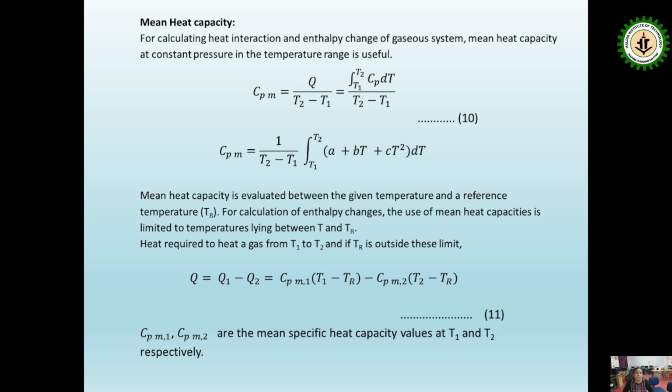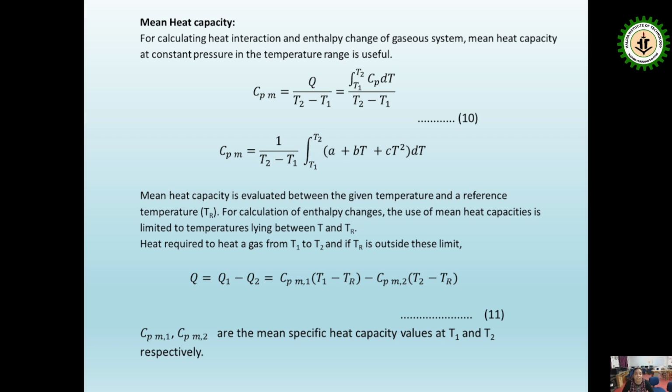Now mean heat capacity. For calculating heat interaction and enthalpy change of a gaseous system, mean heat capacity at constant pressure in the temperature range is useful.